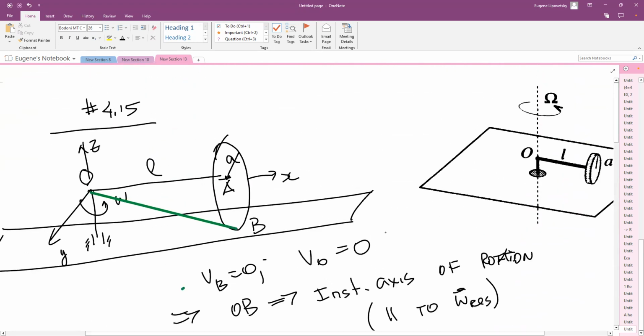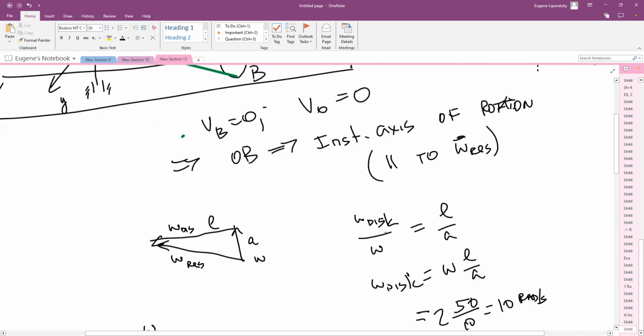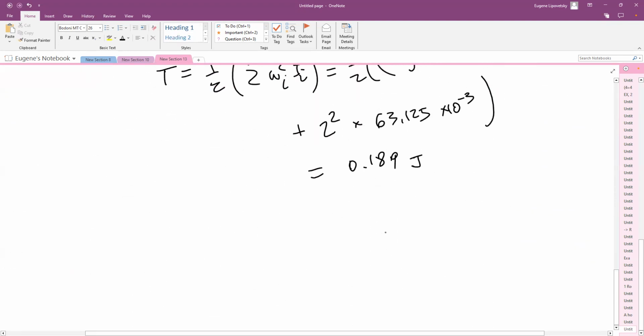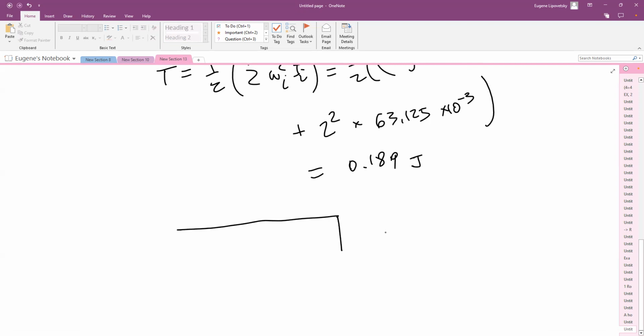The reaction, let's see, what does it say? Pivot point O. Wheel.